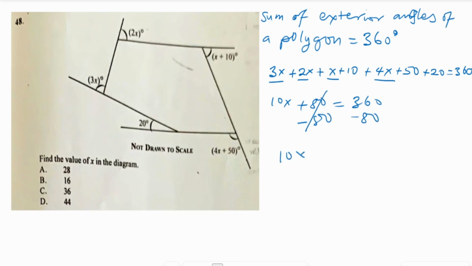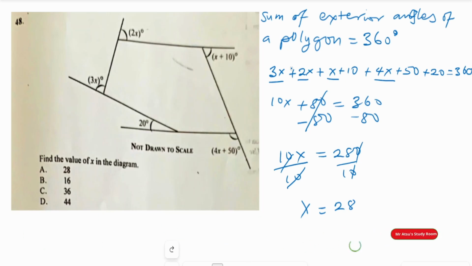We have 10x to be equal to 360 minus 80 is 280. And dividing both sides by 10, this will be left with x, and then the zeros cancel out. We have 28 left. So the value of x is 28, and that is option A.